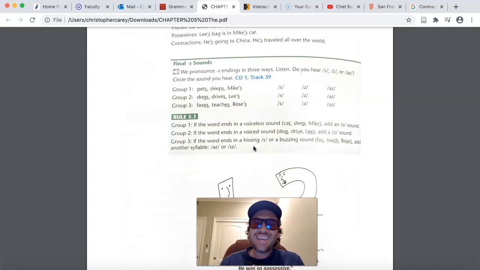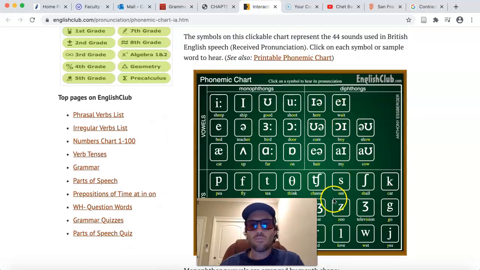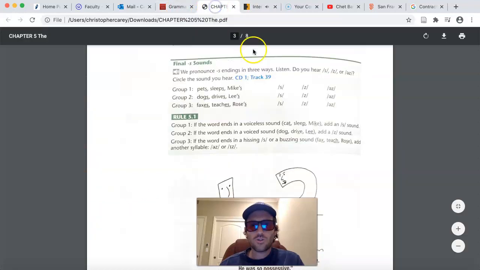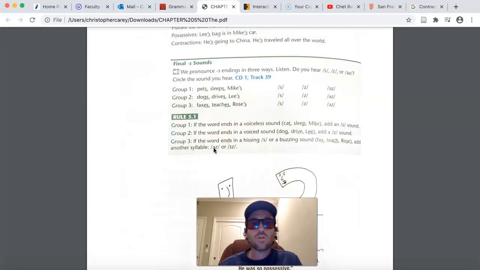If the word ends in a hissing sound, so if it ends in an S consonant sound, or a buzzing sound, so more of the Z consonant sound, S, s, s, then you want to add what's called a schwa. Remember we talked about this in chapter 4 with stressed and unstressed vowel sounds. Oftentimes the unstressed vowel sound in English is what we call a schwa.